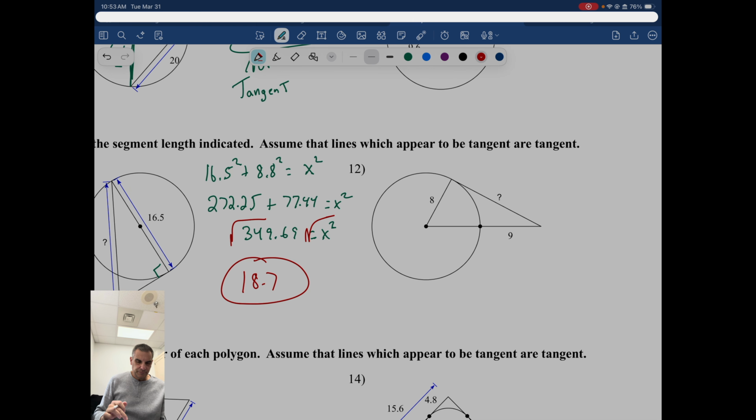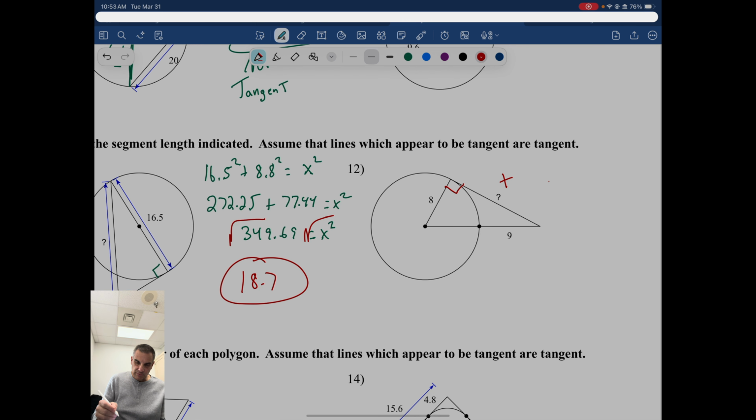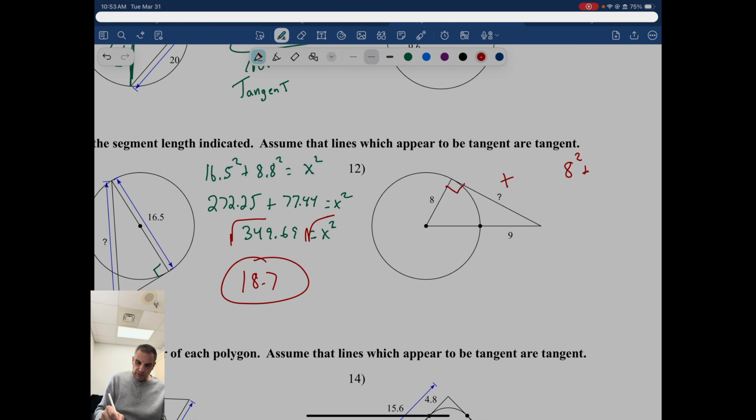Number 12. Same directions. We have to find this one, so I'm going to put an x there. So that's one of my legs. So I've got 8 squared plus x squared has to equal the hypotenuse. Well, this is 9. The hypotenuse is the whole thing. That's a radius, so I know that's 8. So that whole thing is 17. 17 squared. 8 squared is 64. 17 squared is, I should know that, 289.